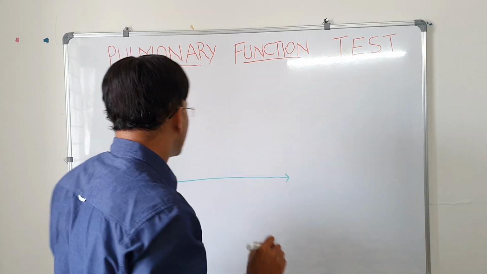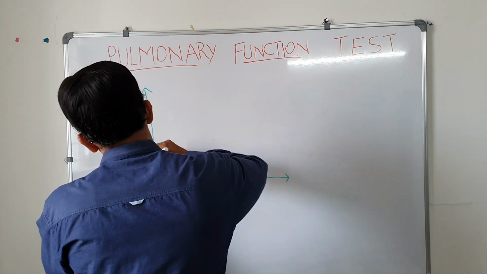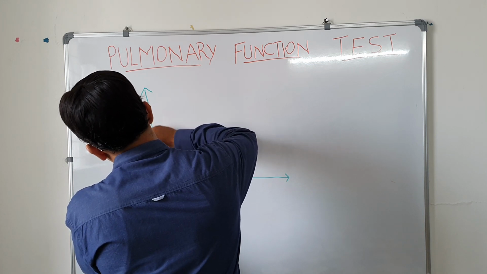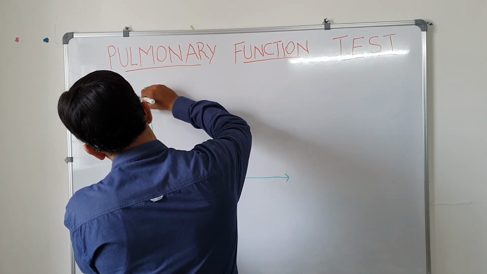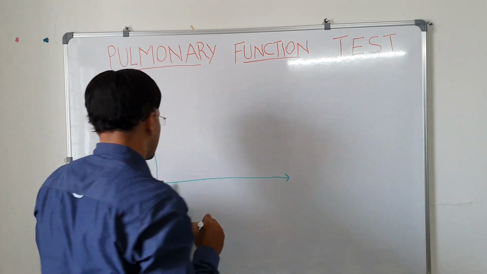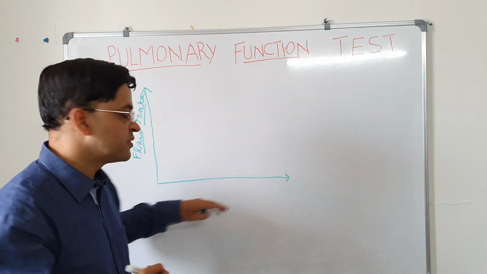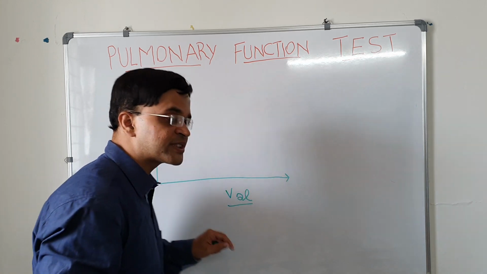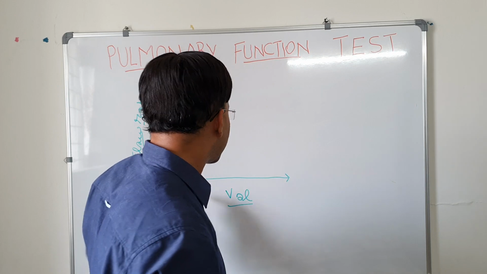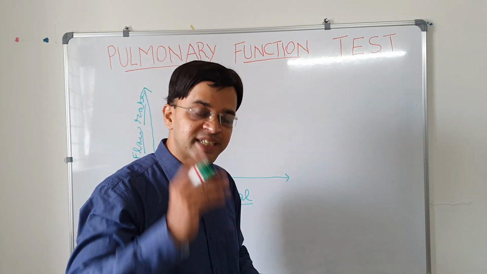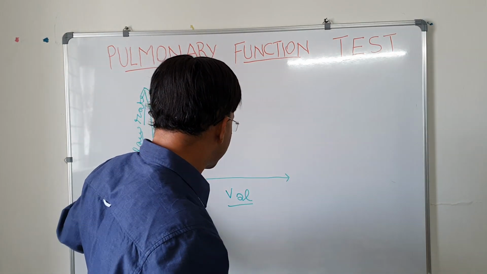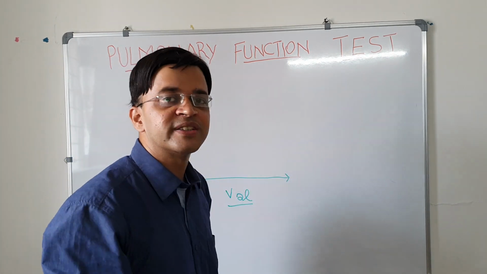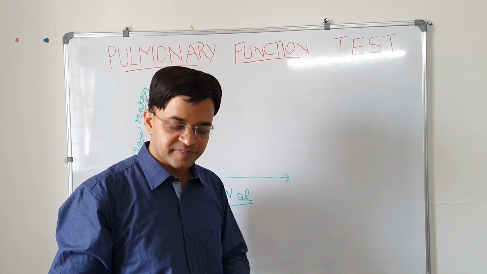On this y-axis, we will have flow rate. On x-axis, we will have volume. This is counterintuitive, because in most graphs we will have time on the x-axis, and we tend to presuppose that we will have time over here. But no, in this graph we have volume on the x-axis.